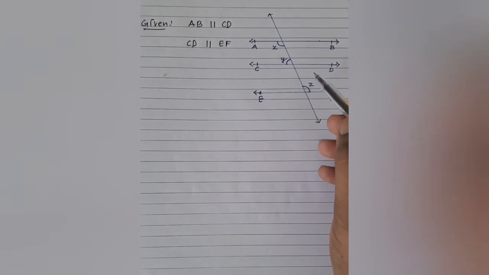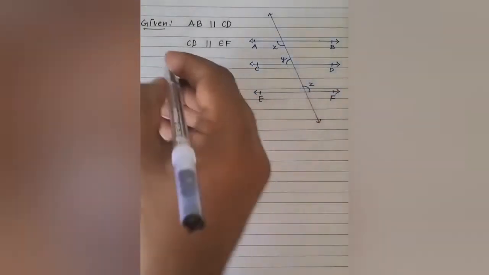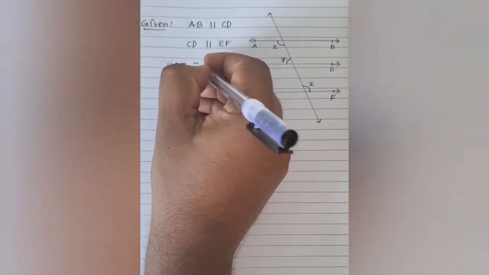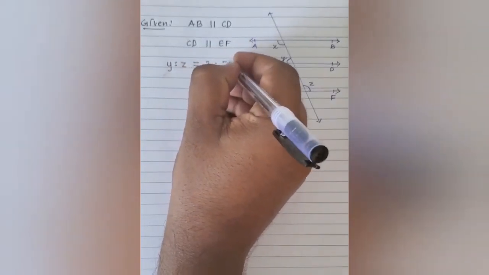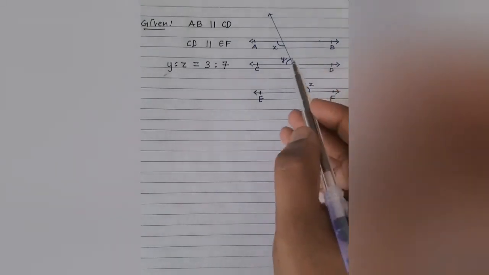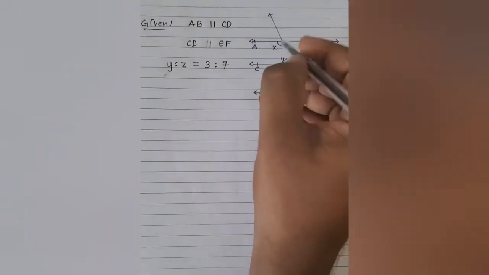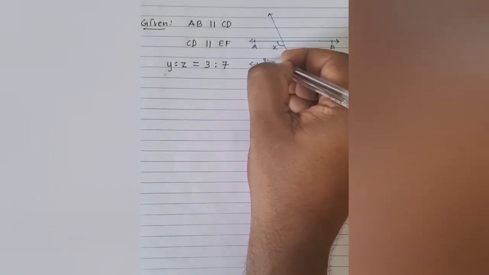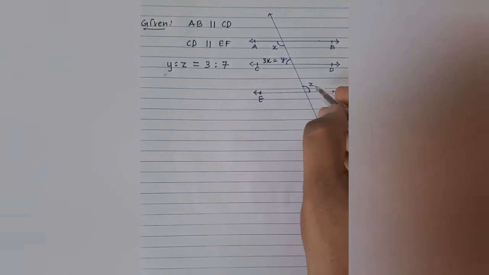It has been mentioned in the question that y is to z is equal to 3 is to 7. So where is y in the figure? Here it is. Y is 3 is to 7. So I'll write 3x. And where is z? It is over here.